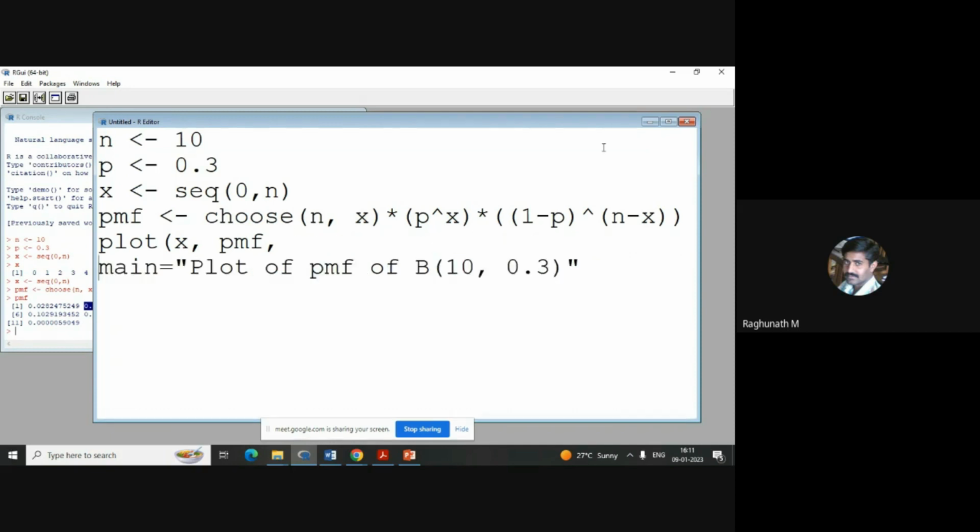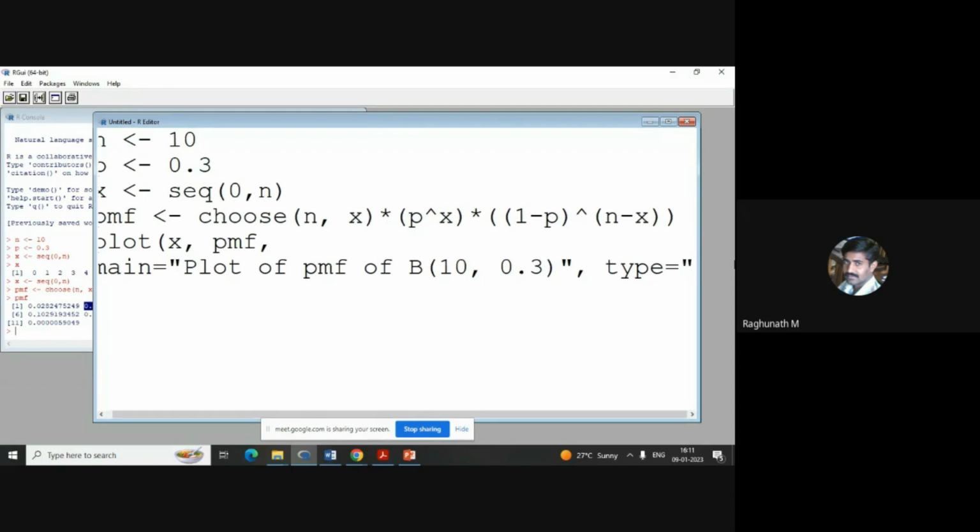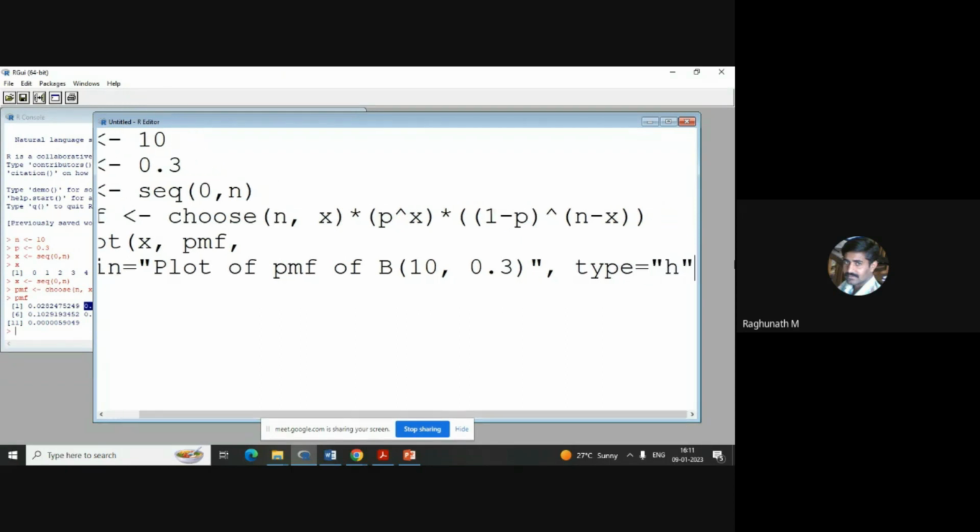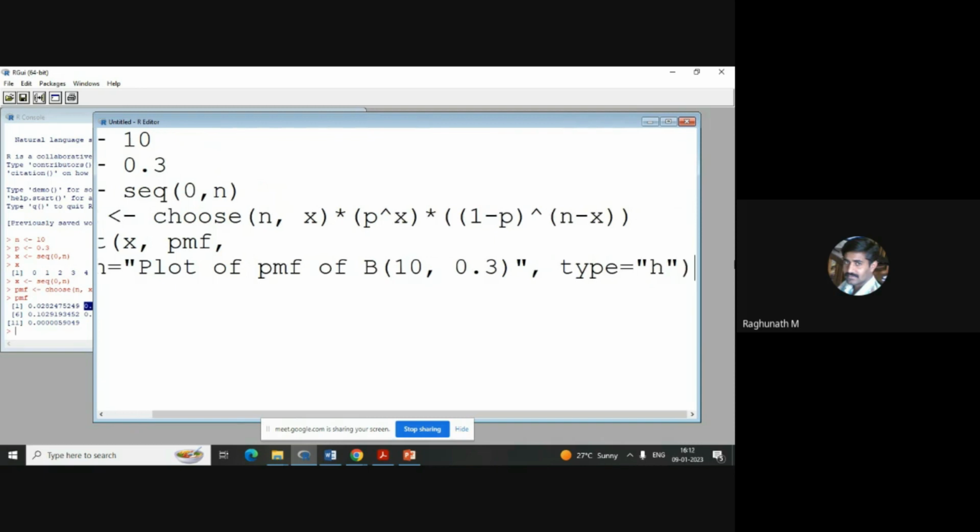After this, we have to give what type of graph we are going to get. For that we use a command called type. Type means what type of graph we need. We are going to use h for this. The type is going to be h, and close the bracket.